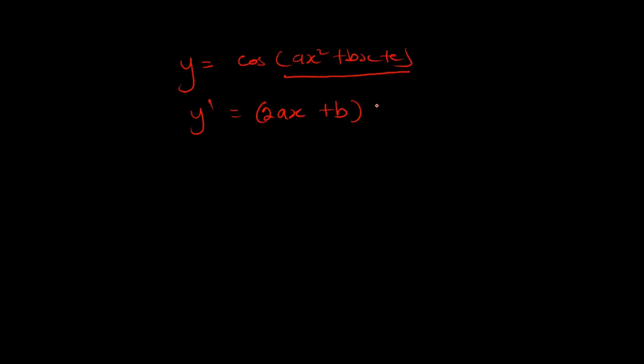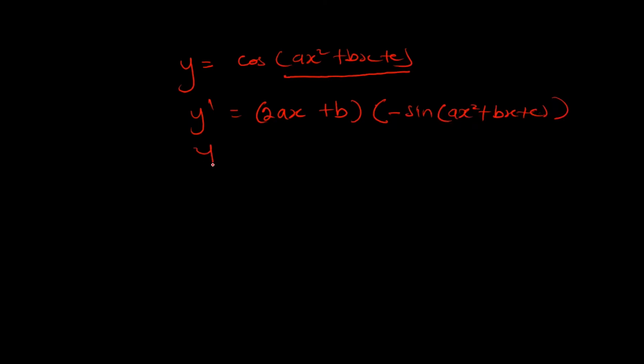So this is multiplied by, when we differentiate cos, we get negative sine. So negative sine, with everything in the bracket again, ax squared plus bx plus c.